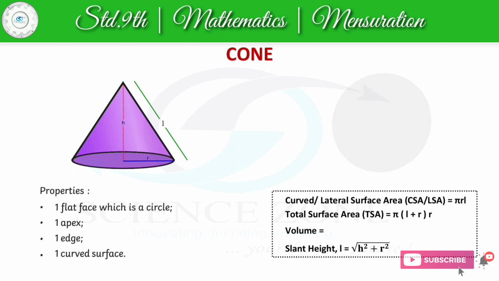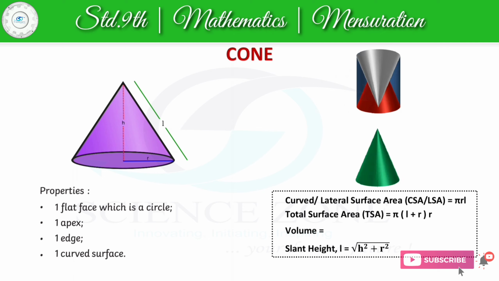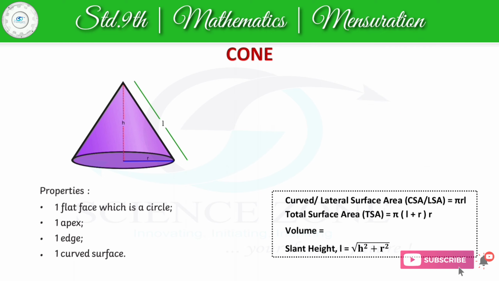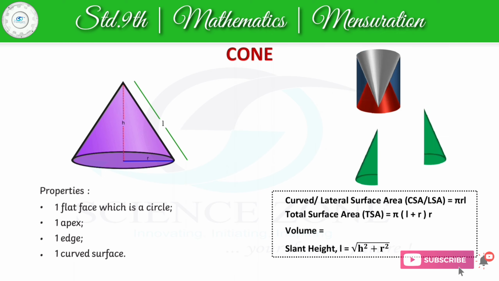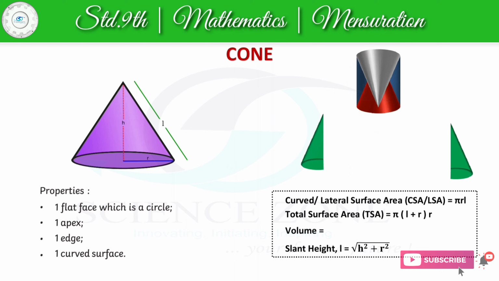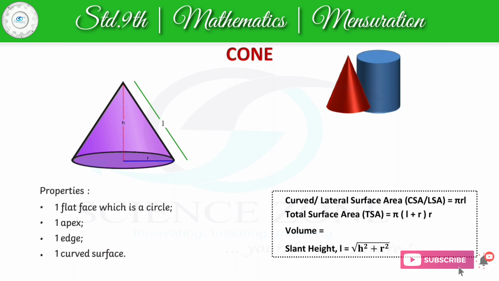Now, what is the formula for volume of cone? Volume of cone is 1/3 the volume of cylinder. This is our next trick to remember the formula for volume of cone. As we can see in the animation, there is a cylinder and 3 cones. The radius and height of the cylinder is equal to the radius and height of the cones.